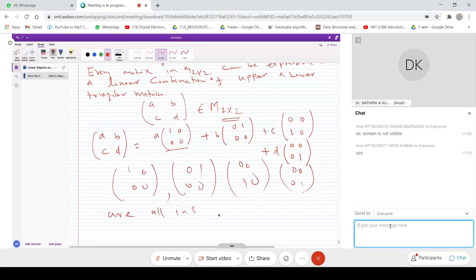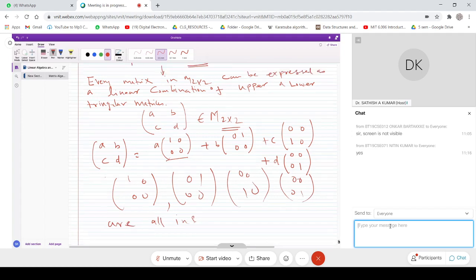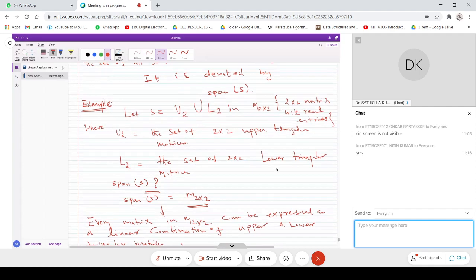So this is one of the simplest examples I could give you. The vector space V is nothing but M of 2 comma 2, and S is a subset of this, and S is called a spanning set. Why?